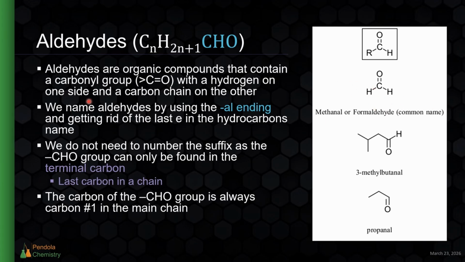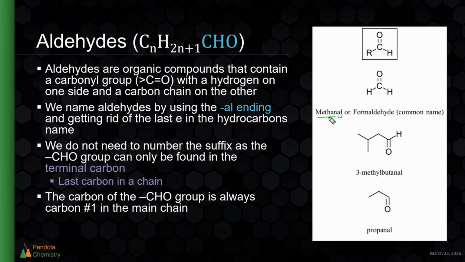When we have an aldehyde, we use the al ending instead of a prefix like we would with a hydrocarbon. We get rid of the E on the hydrocarbon and put al as the ending. So very similar to what we do with the alcohol. So methanal, meth means 1 carbon, al means aldehyde. So it's a 1 carbon aldehyde.